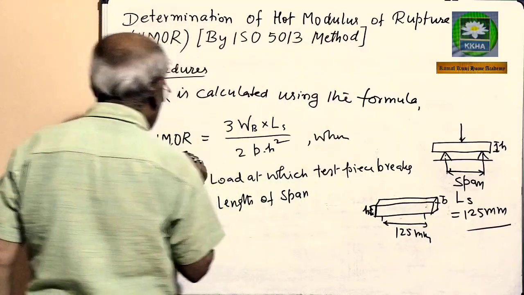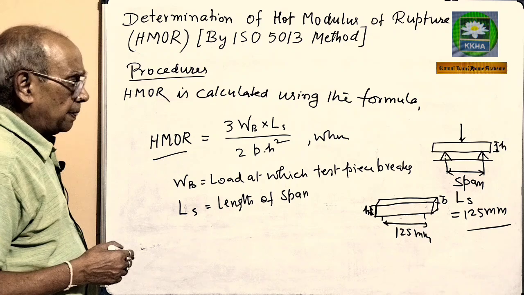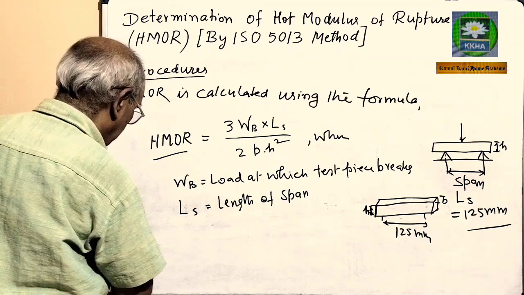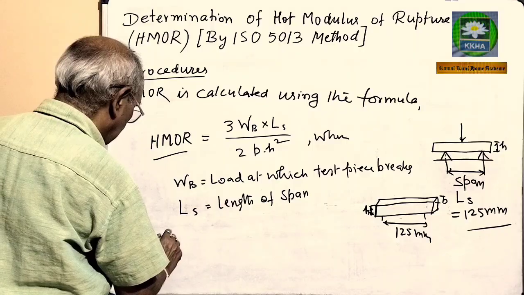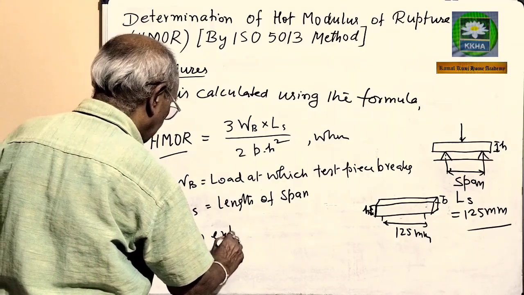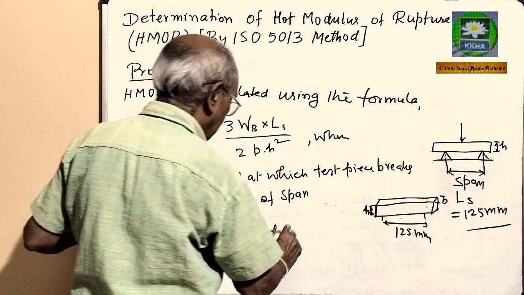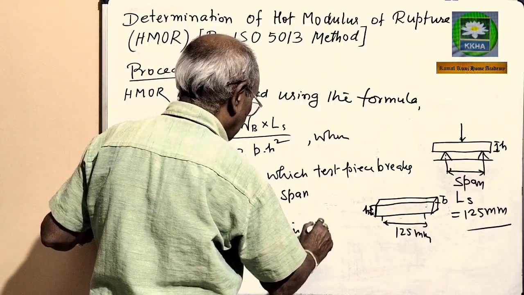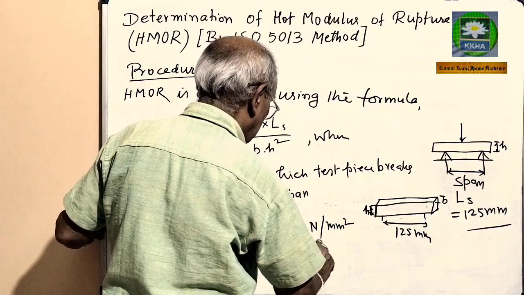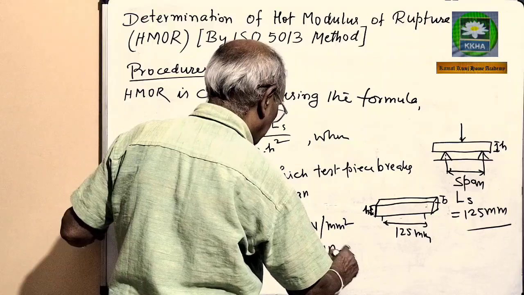So HMOR is calculated using this formula and expressed in Newton per mm square or MPa.